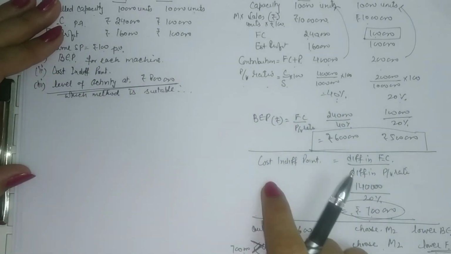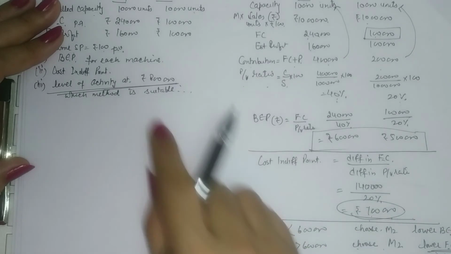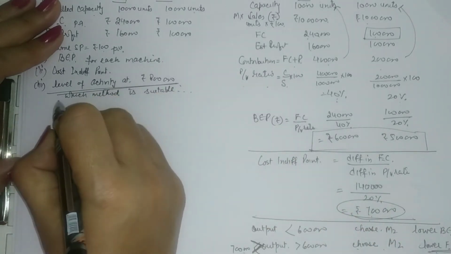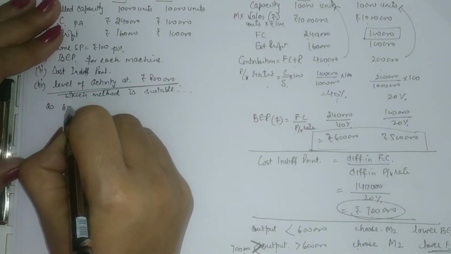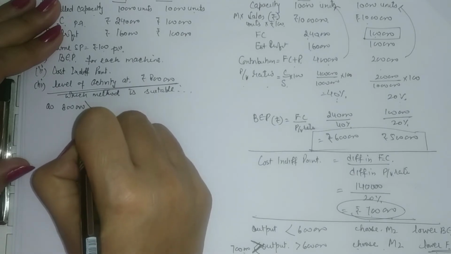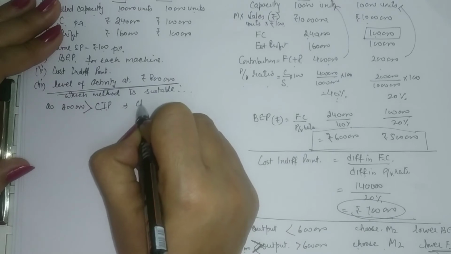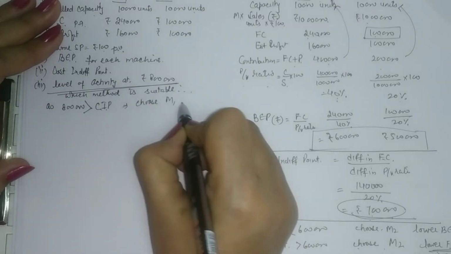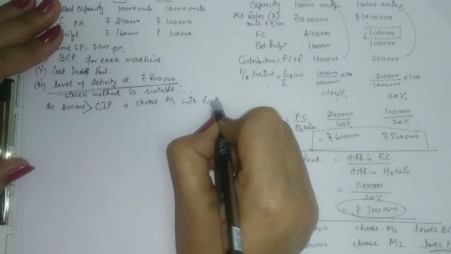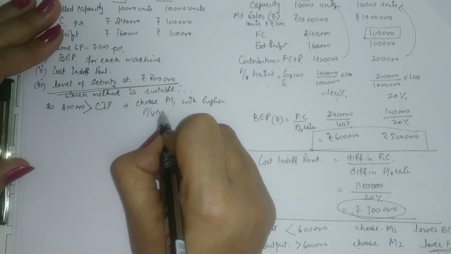Now, as per the cost indifference point, if the level of activity is more than the cost indifference point, we should choose method 1 with higher PV ratio. So you should choose this method.